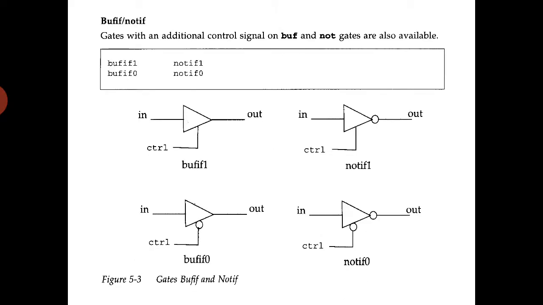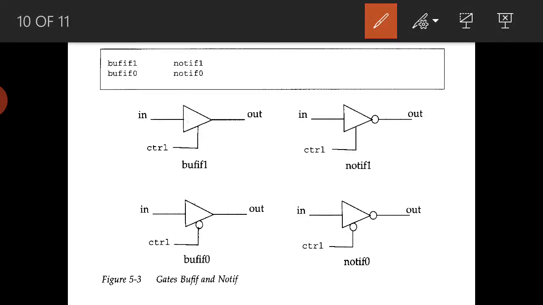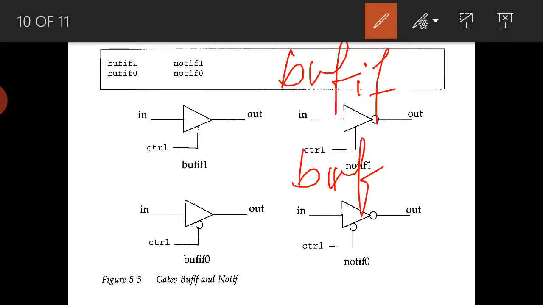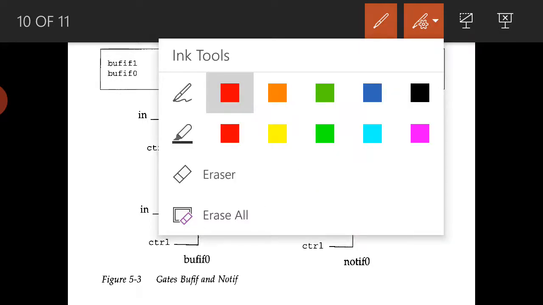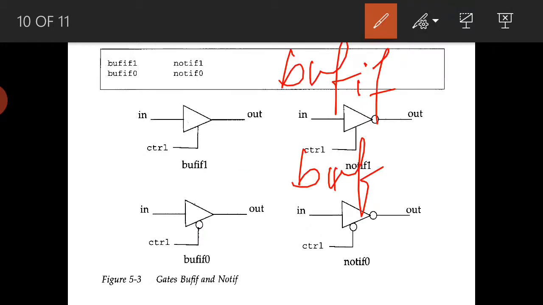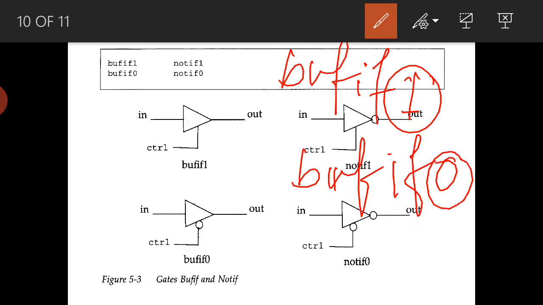The same buffer and NOT gates come with one more feature, which we call bufif and notif. So there are bufif1 and bufif0. Bufif1 means buffer if the control is 1, and bufif0 means buffer if the control is 0.